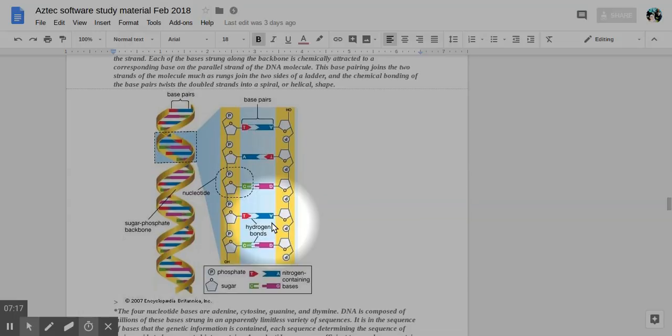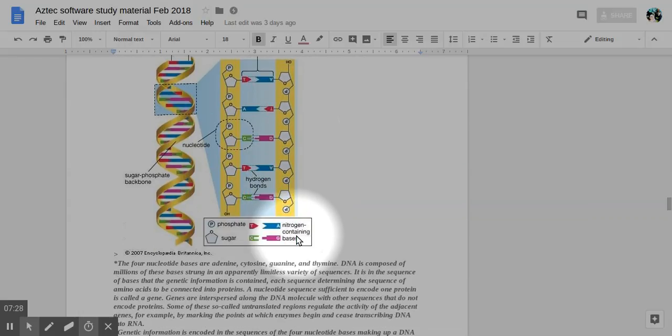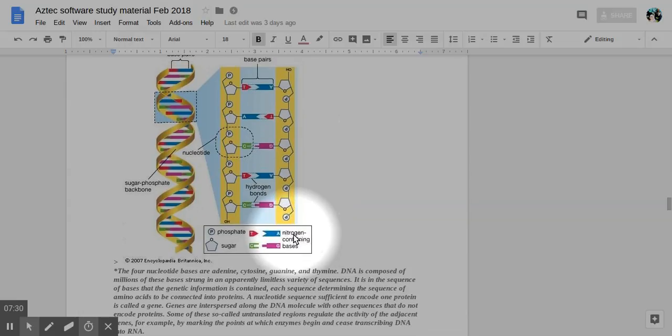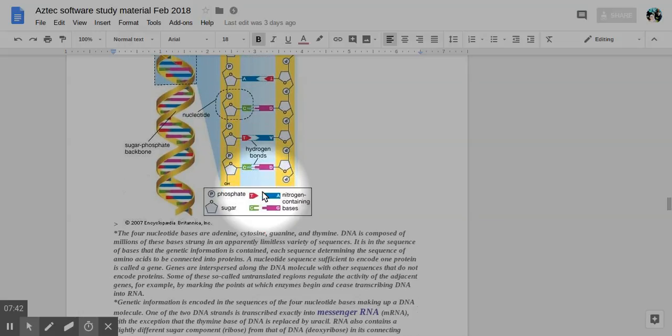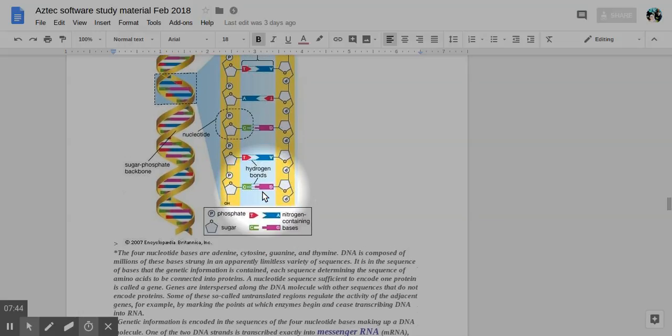So the backbone is basically the sides of a ladder. So there's two sides of the ladder. These are sugar phosphate backbone, and in the middle, joining the two sides, are the nitrogen containing base pairs. These join via hydrogen bonds. The four nucleotide bases are adenine, cytosine, guanine, and thymine.